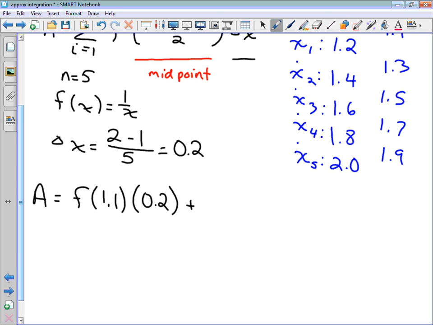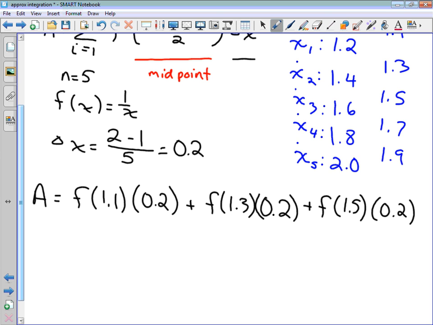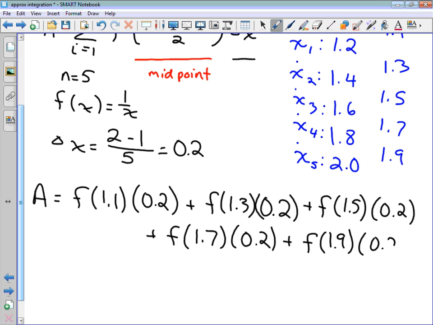To this, I'm going to add f at 1.3 times, again, 0.2, plus f at 1.5 times 0.2, plus f at 1.7 times 0.2, plus f at 1.9 times 0.2, and that's my formula for the area.